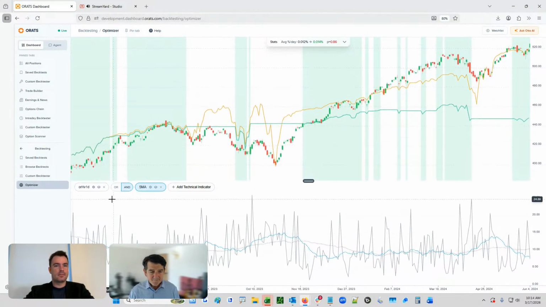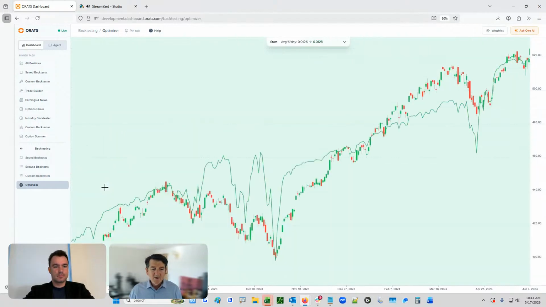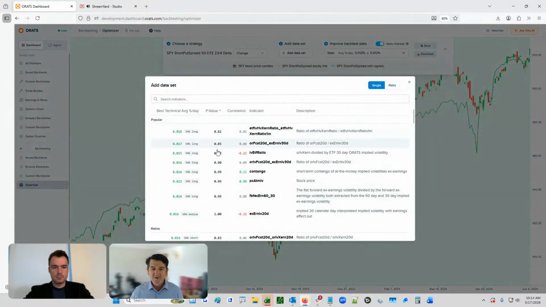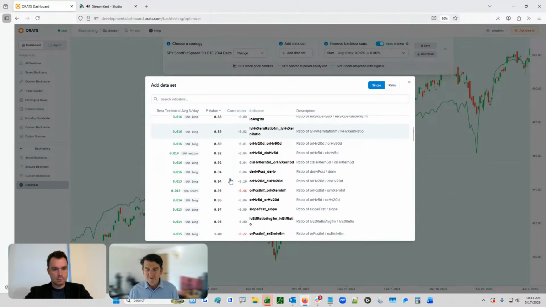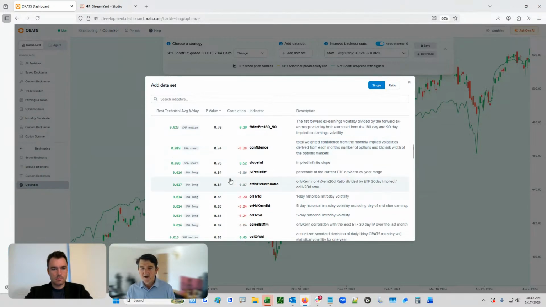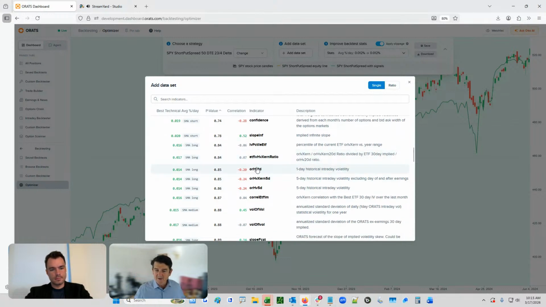Yeah. There are ways to find indicators. You could sort by p-value and such. I've already looked at a few, so I'm going to get in front of this a little bit. One of the ones that I like to look at in addition to the ORATS HV1D is the vol of vol.